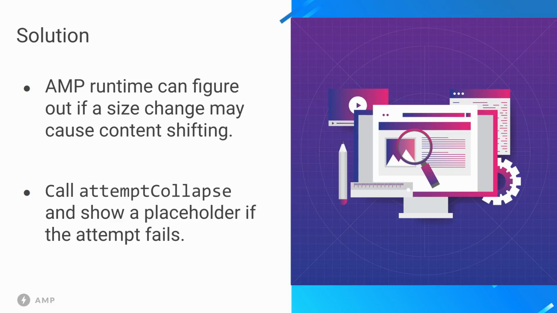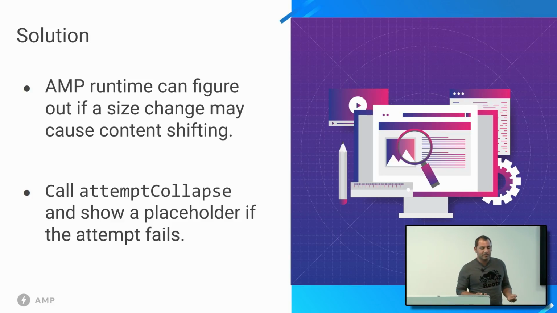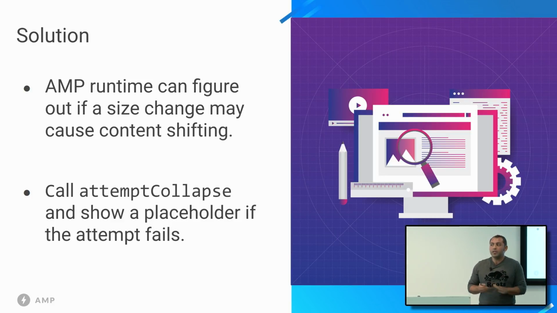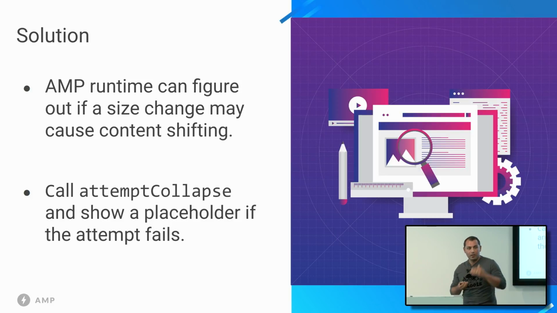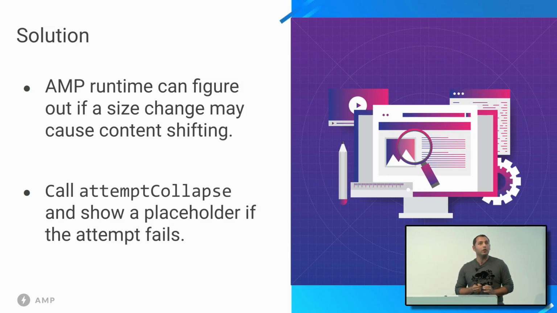So essentially, when the video wants to remove itself, it can call this method. But it's not guaranteed. AMP runtime decides whether it can collapse the video and remove it from the page without causing content shifting. And if it couldn't, it will fail. Cases where it may not be able to accept the request are if the user is looking at that video, or if the video is above where the user is reading content.